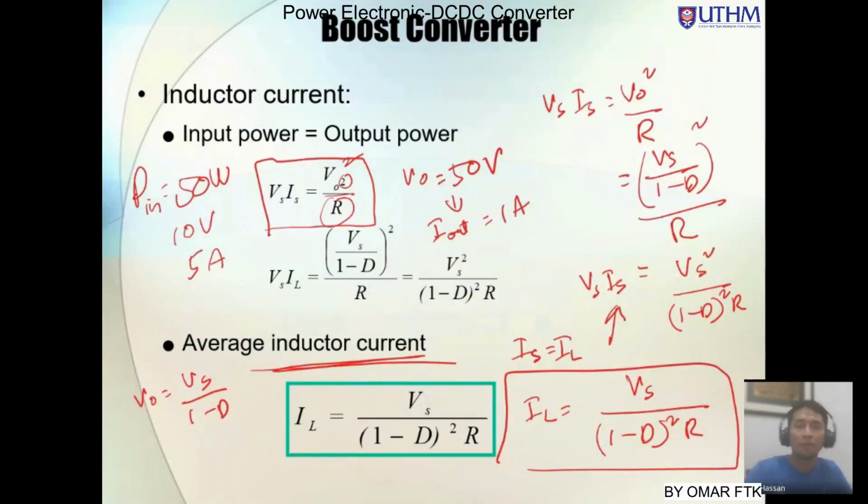So we can determine our inductor current based on this model. Input power is Vs times Is, while the output power is V out squared divided by the resistor, or load.